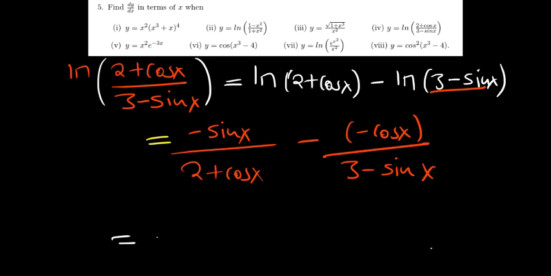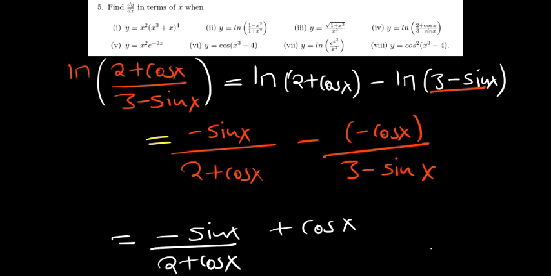So at this point we have negative sine of x plus cosine of x, over 2 plus cosine of x, and then 3 minus sine of x.